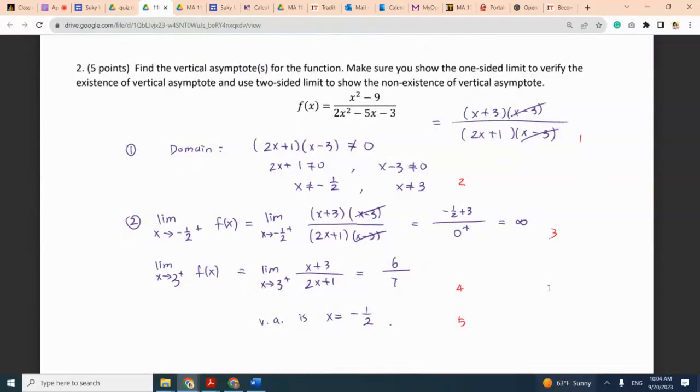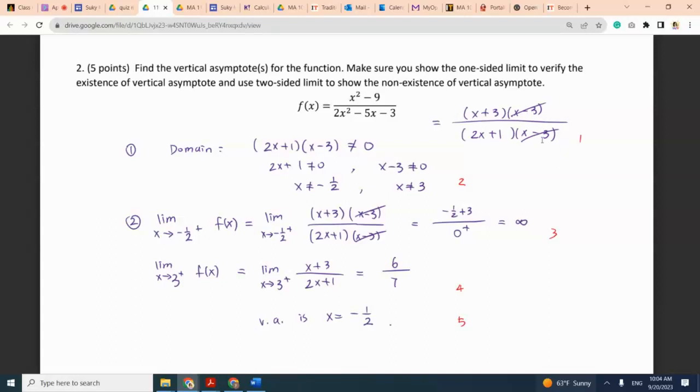Number 2, you want to find the vertical asymptotes. Make sure you show one-sided limits to verify the existence of vertical asymptotes, and use two-sided limits to show the non-existence of vertical asymptotes. The first thing you do is factor. Do you see the bad guy is x minus 3? Yes?